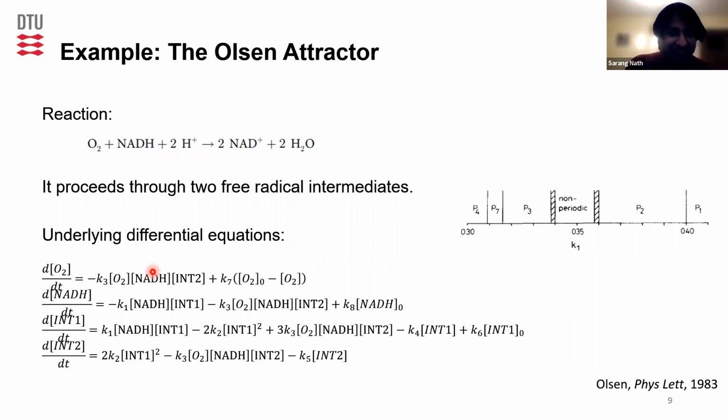There are, of course, many different examples you could choose. I think we chose this one because this had been worked on at DTU. But another classic example is that of the Belousov-Zhabotinsky reaction, where you have a change in color as you go through different cycles. The interesting part of the Olsen attractor is that depending on what rate constant you choose, or what environmental conditions you choose, you get very different dynamic behavior.